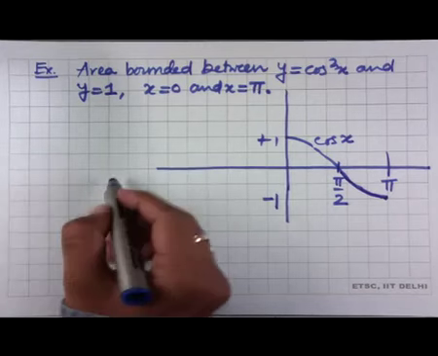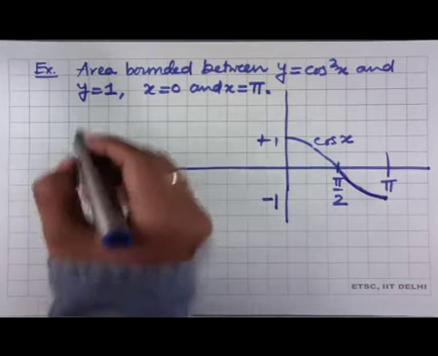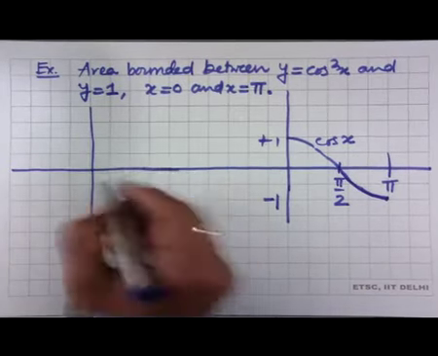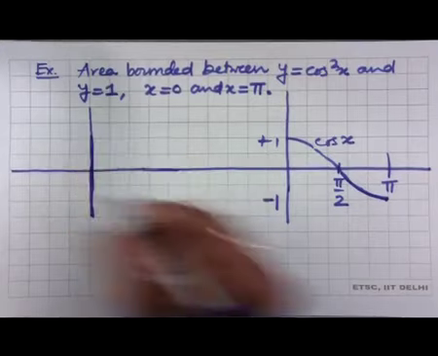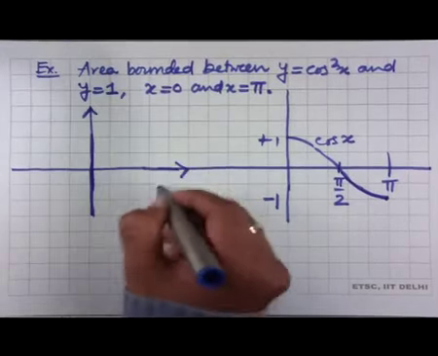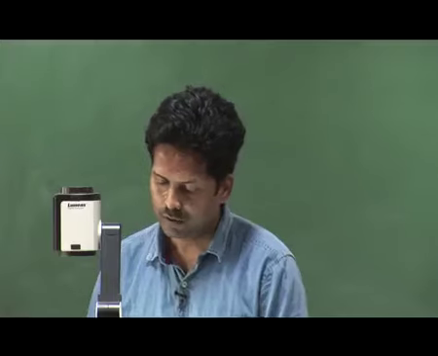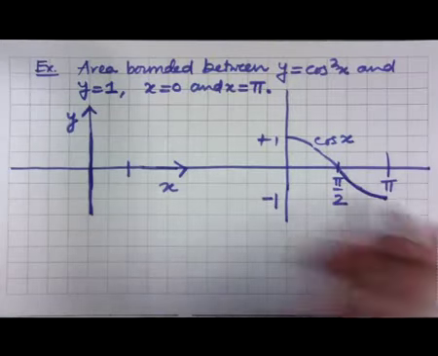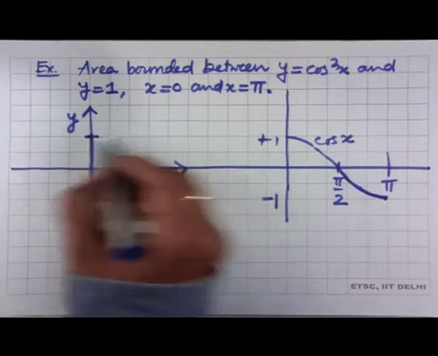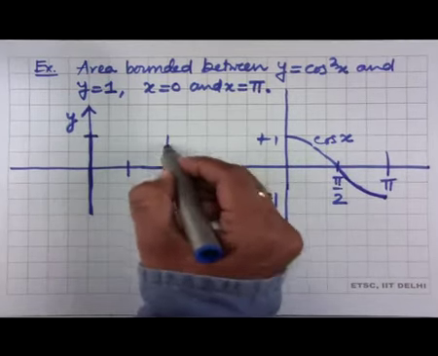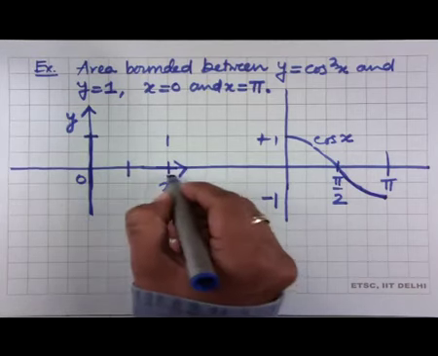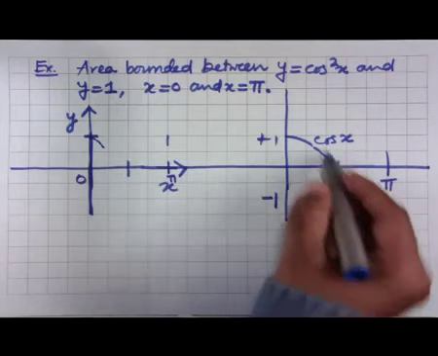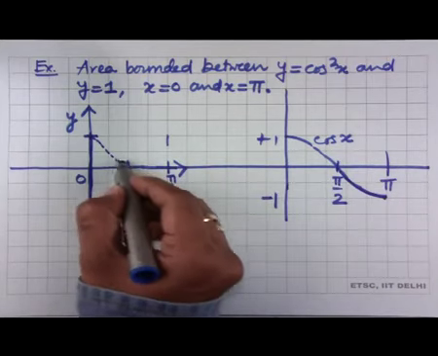This is a rough sketch of cos square x. Because the values lie between minus 1 and 1, it will not cross 1 between 0 and pi. At pi by 2 it will be 0, so it will be something like this.